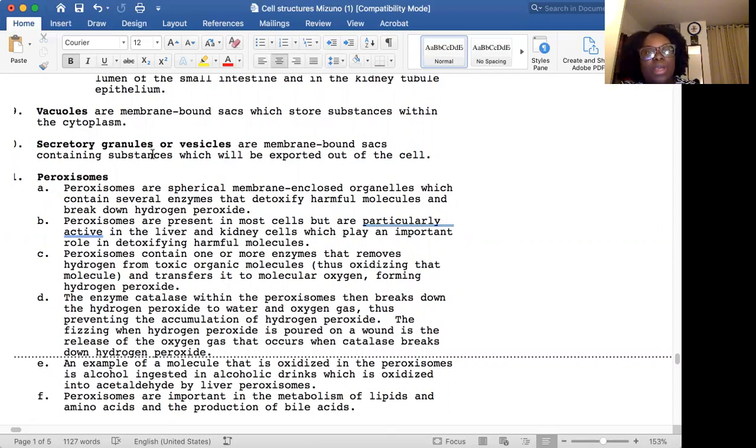This is important to note: substances that will be exported out of the cell, so movement out of the cell. If we were to categorize this, we would put it in the category of things that aid in moving things out of the cell.